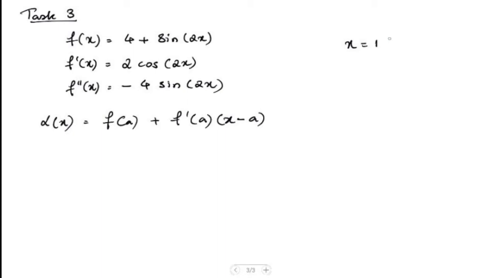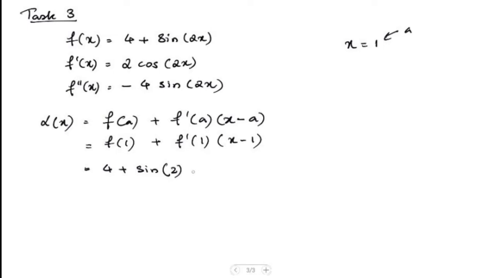Putting our function in place of f(1), we'll have 4 plus sine of 2 times 1, which is 2.